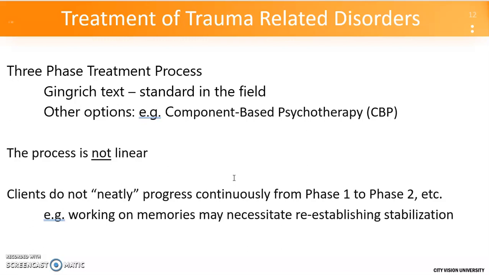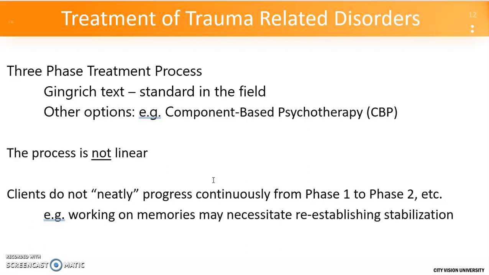Now, one thing I want to bring up is that the process is not linear. So what do I mean by that? When we think of a three-phase treatment process, one of the things that would potentially come to mind is you might picture a client going from phase one and then neatly to phase two and then phase three, and then they're done.